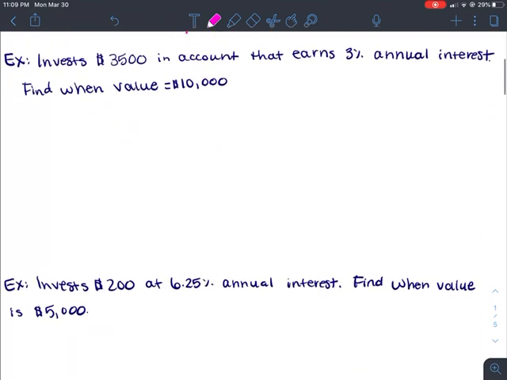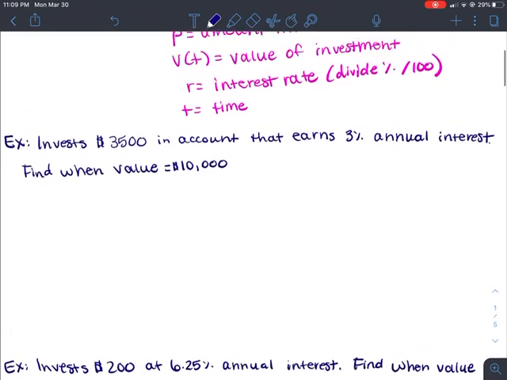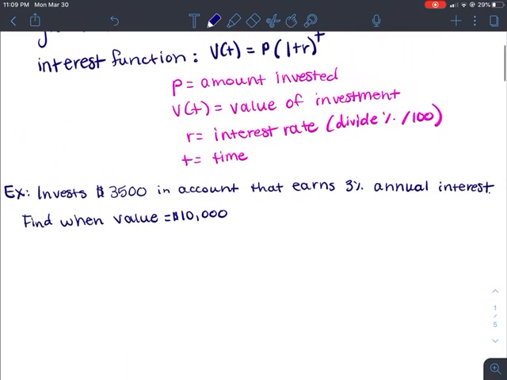Okay, so this example, we'll keep our equation there. It says, find when the value of this account equals $10,000. They tell us that we initially invested $3,500 in an account that earns 3% annual interest. Over here on my left, I'm going to write out my values.